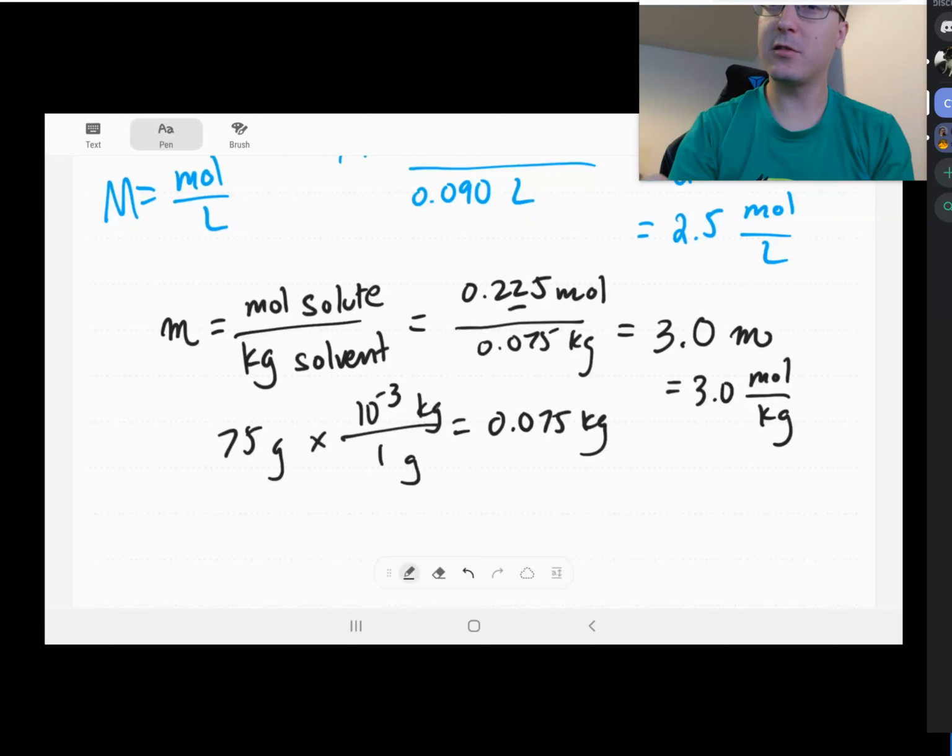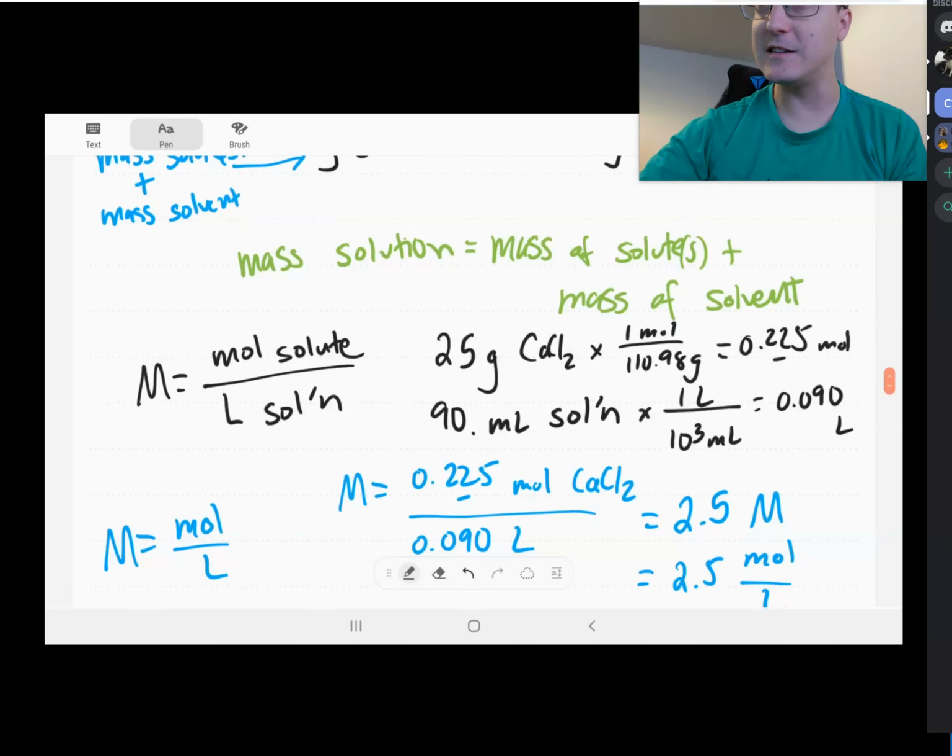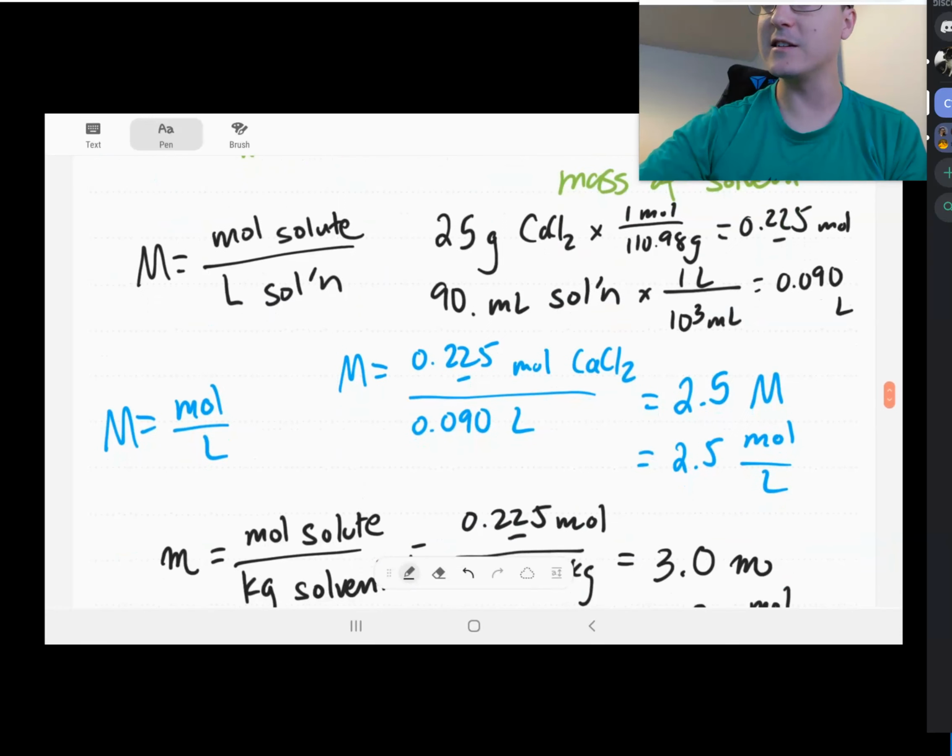Alrighty, so this is just three ways of calculating concentrations. Unfortunately, the same solution looked at in three different units of concentration has given us pretty different answers, and that's just the way it is. There's nothing obvious to tell us that 25% is 2.5 molar.